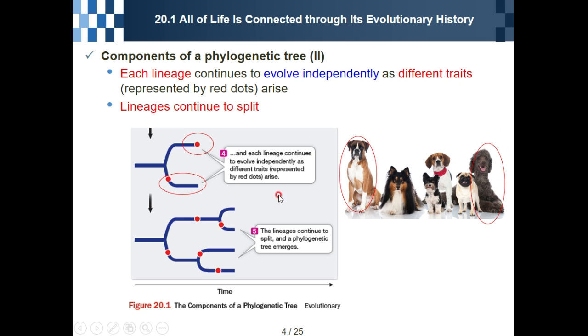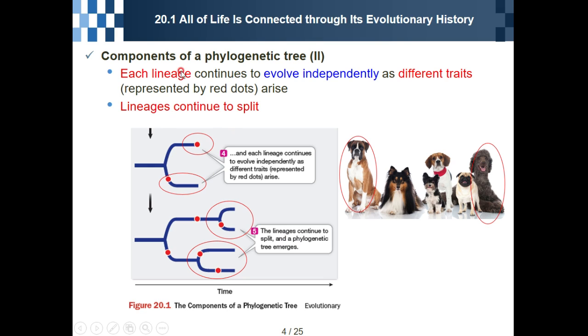Okay, and another important thing is that lineages continue to split. One time they split, and another time they split again, and they split again. It's like this. And in the next generation, maybe they will also split. So lineage is continuing to split.